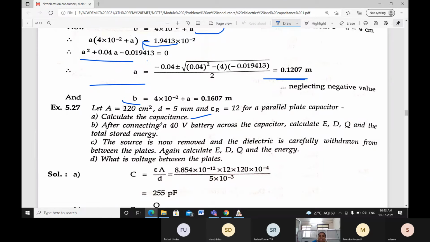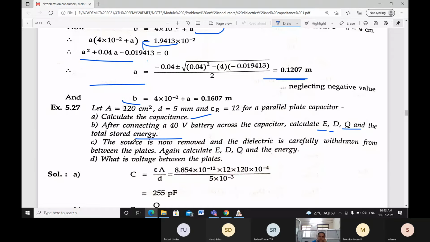Next, after connecting a 40 volt battery across the capacitor, we should calculate the field intensity, flux density, then the charge and also the total energy stored. Whatever we learnt in the whole second module, all of it we have to find out.